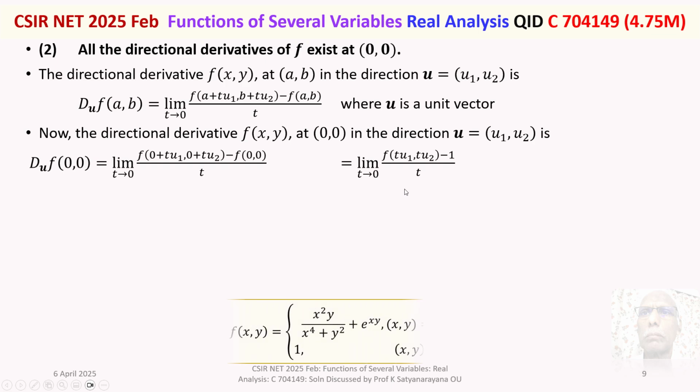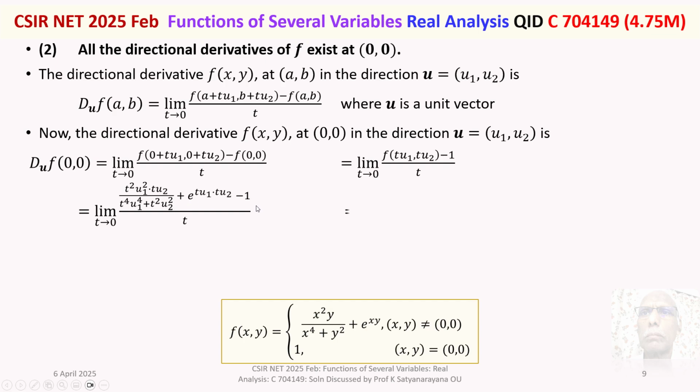Right. So this is our function. In this, substitute x equal to tu1 and y equal to tu2. This is the limit as t tends to 0, we have substituted, minus 1, by t.